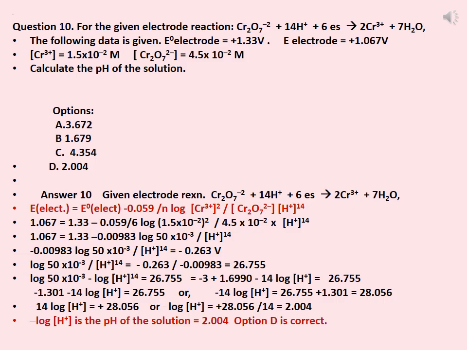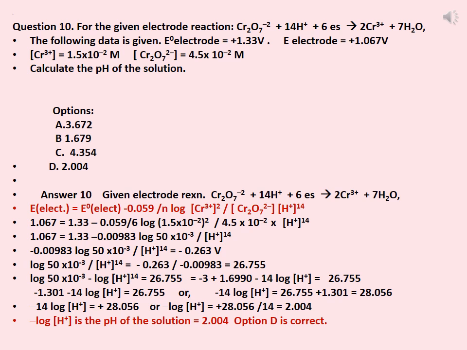So Cr3 plus the whole square divided by oxidized product, the molar concentration of dichromate Cr2O7 2 minus into that of H plus ions. And how many H plus ions are involved? 14 H plus ions. So we can write the equation by substituting the values.